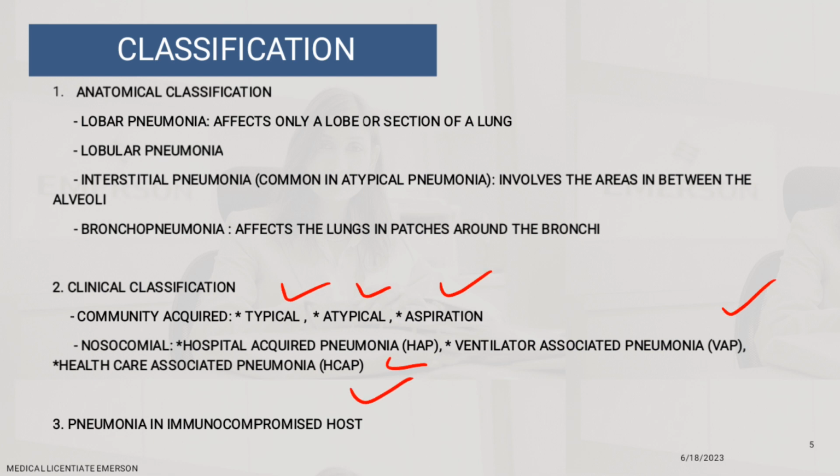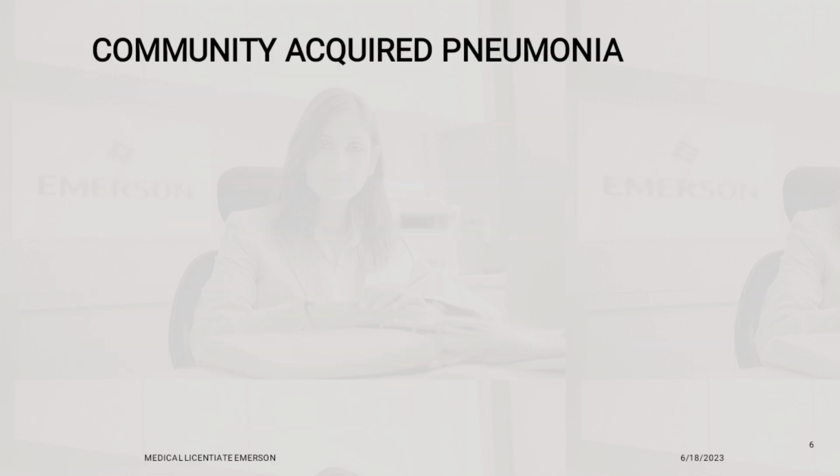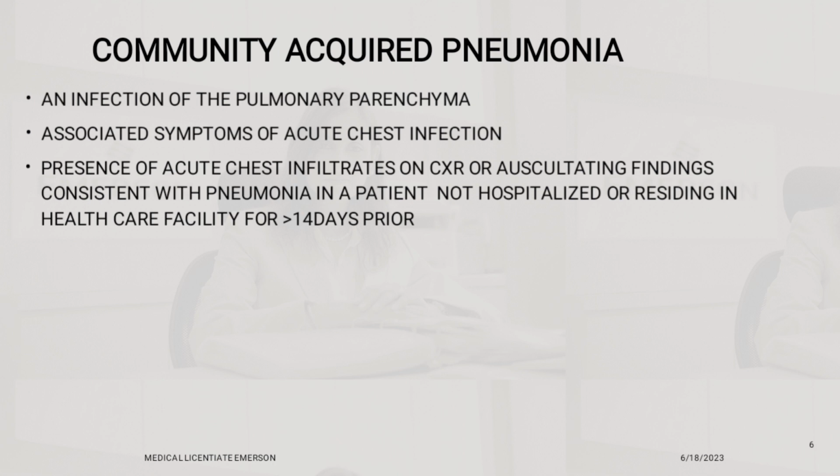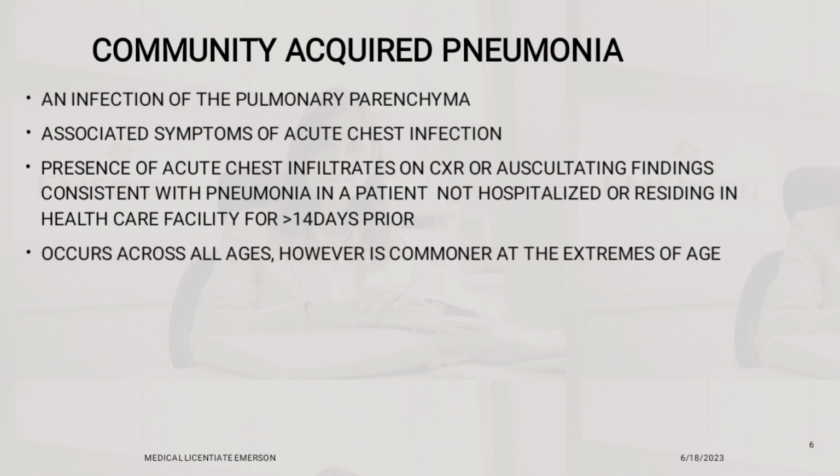Okay, then moving on, we go into details with the classifications. So we talked of community acquired pneumonia. It is an infection of the pulmonary parenchyma associated with symptoms of acute chest infection, and the presence of acute chest infiltrates on the chest X-ray, or auscultating findings consistent with pneumonia, in a patient not hospitalized or residing in a healthcare facility for more than 14 days prior.